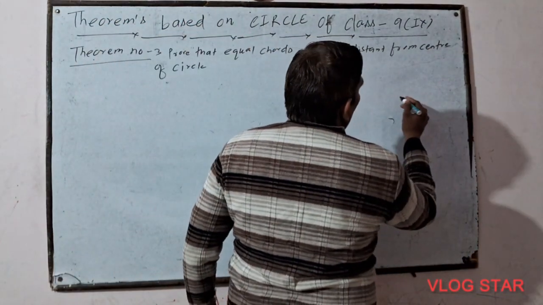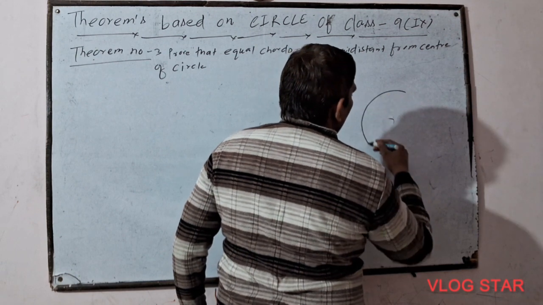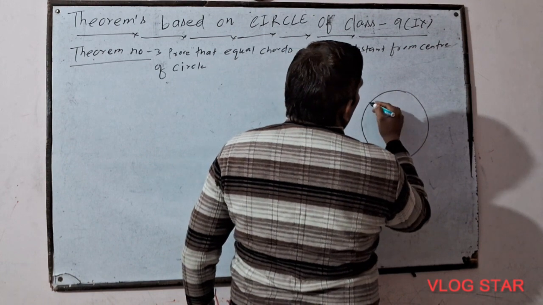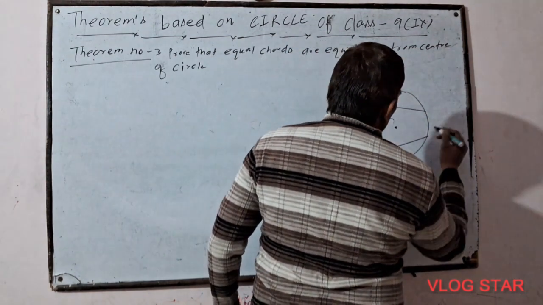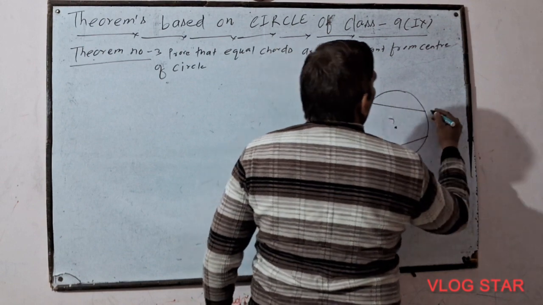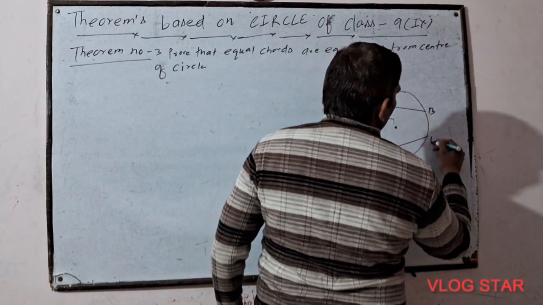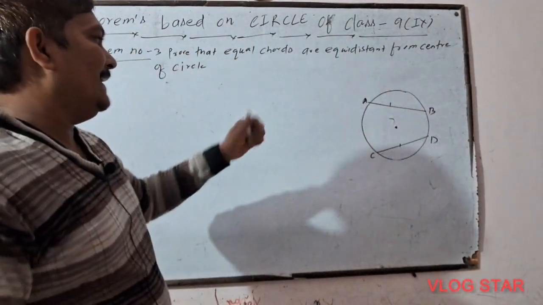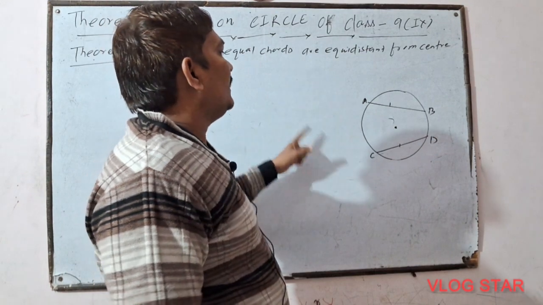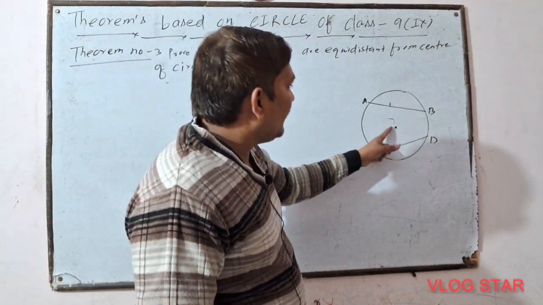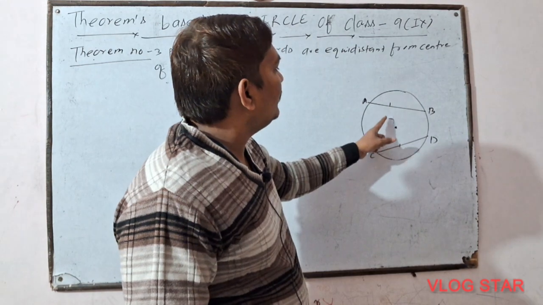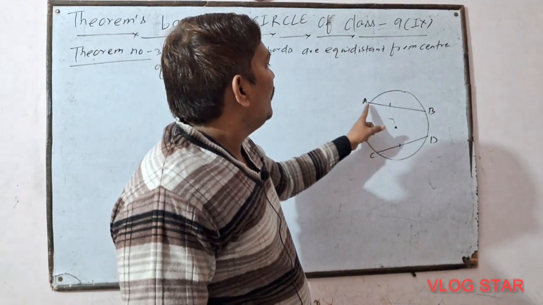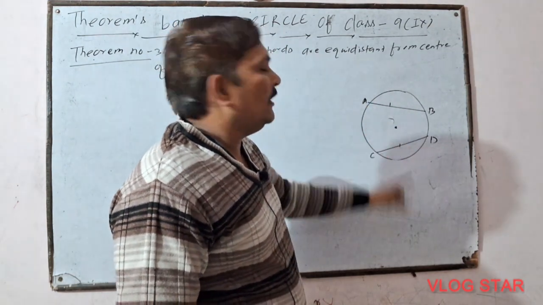Suppose, see, this is the circle, this is the center of circle, this is the chord AB, this one is the chord CD. These two chords are equal. We have to prove that equidistant from center of circle means their perpendicular distance from center of circle to these chords will be equal.